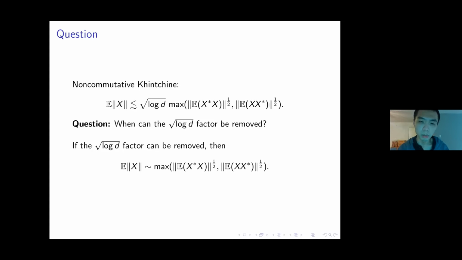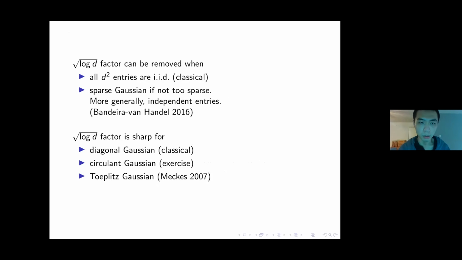So when can we remove it? Let's look at some examples. One that I mentioned before is when all the D square entries are IID.